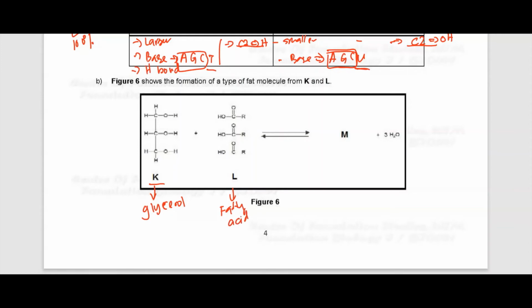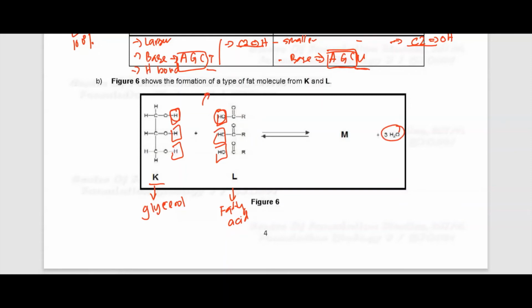So these two molecules will join together in a process we call esterification, where in the process it removes the hydroxyl from the fatty acid and the hydrogen from the glycerol. So the removal of hydroxyl and hydrogen from the two molecules will remove a water molecule.